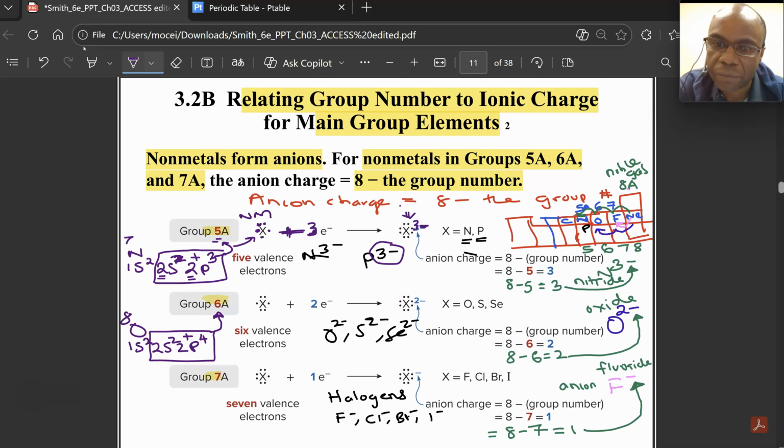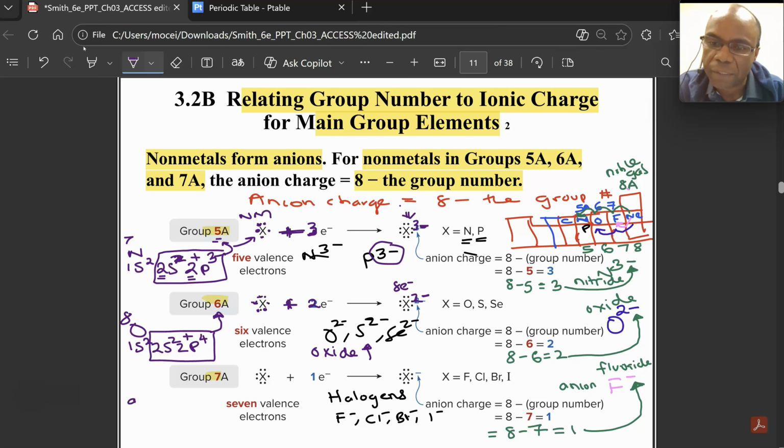You just gain 2. So we start with the 6 dots, the valence electrons only shown. You gain 2 more. We use the plus sign to gain 2 more electrons. So now it has 8 valence electrons. We have 2 extra foreign electrons, so it's 2 minus. So we get the oxide. It's the same process for sulfide.